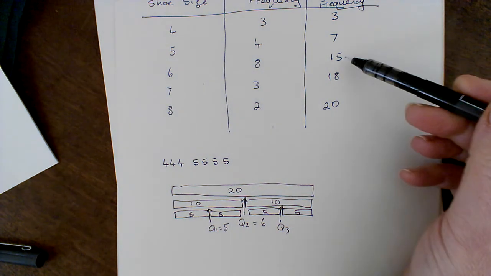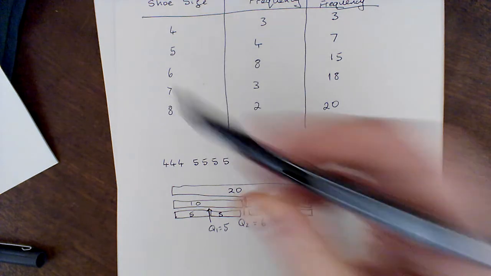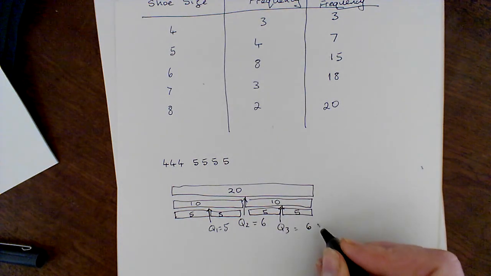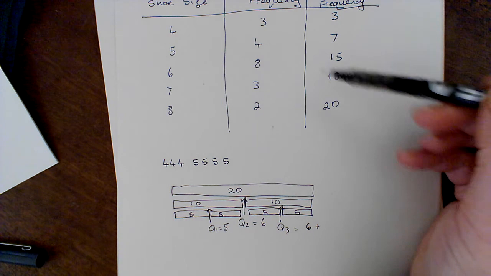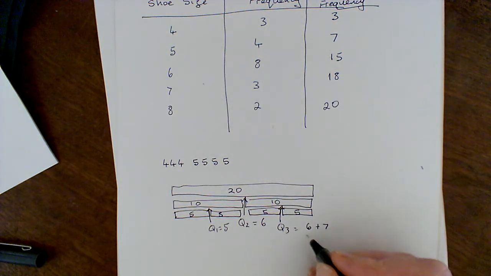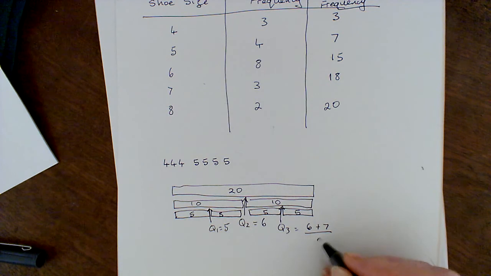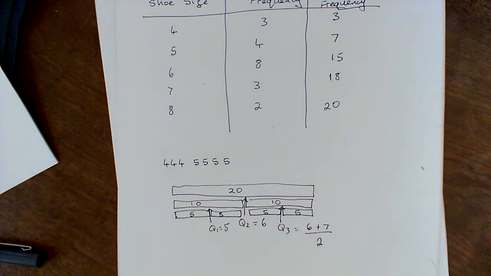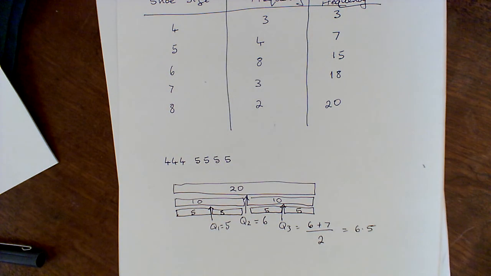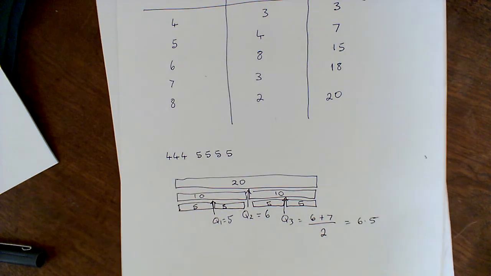The 15th person is in this row, so it's going to be halfway between 6 and the 16th person, who is in this row, 7. Now, halfway between 6 and 7 is fairly obviously 6.5, but you can do it as a sum if you want. But it means I can work out the median and the quartiles without writing the list.